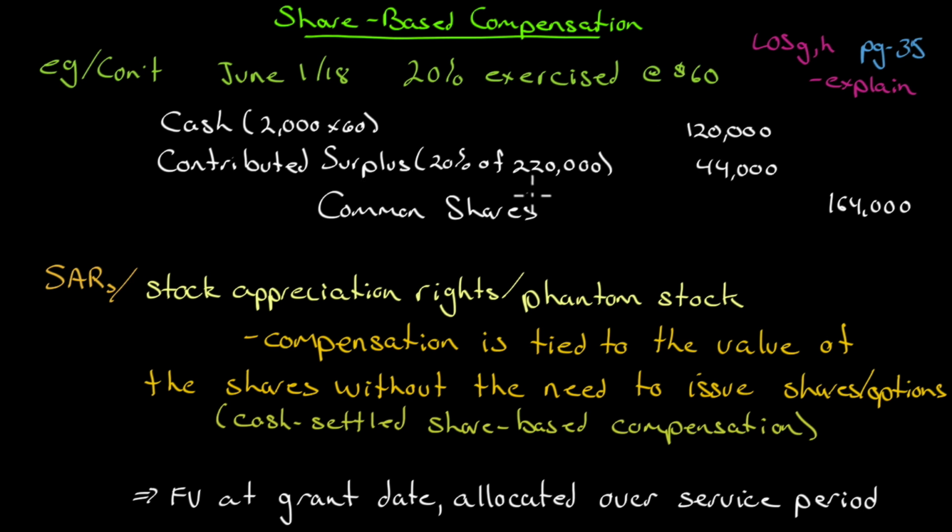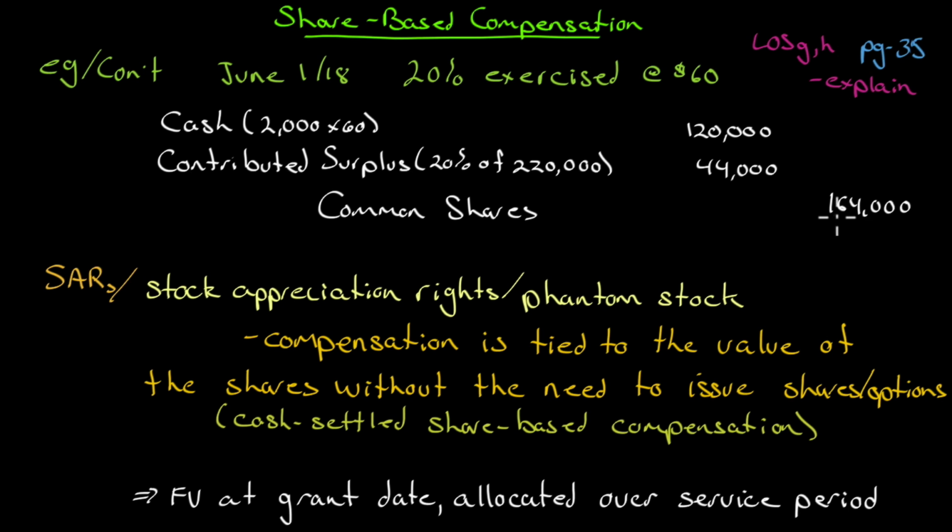Contributed surplus, remember there was 220,000 over the 2 years that would have ended up in contributed surplus. 20% of it can now leave. So 44 comes out of contributed surplus, and 164 goes into common shares. Why? Because we gave up that much to begin with. That was the fair value of it, and then we received that much cash after. That shows up in common shares.